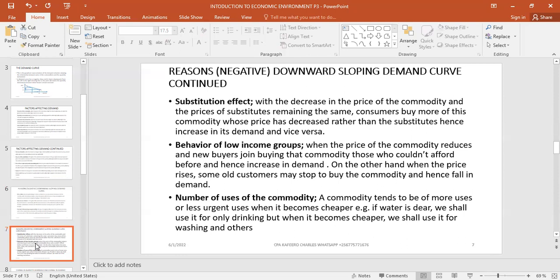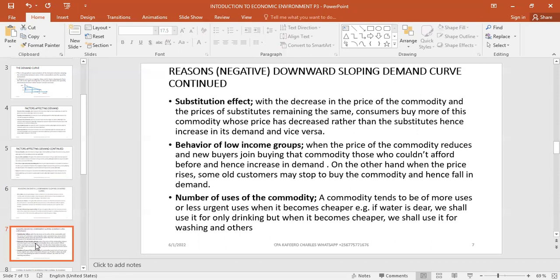If the person has been consuming Coca-Cola as the main product, when there is a decrease in the price of the commodity and the price of the substitutes remains the same, consumers buy more of this commodity whose price has decreased, rather than the substitutes whose price has remained the same, which increases the demand, and vice versa.